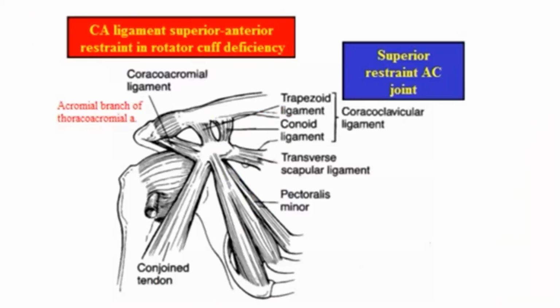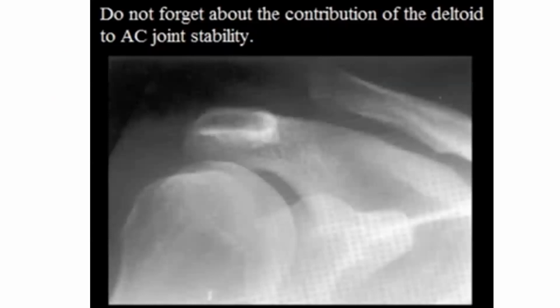The coracoacromial ligament is a superior anterior restraint in rotator cuff deficiencies. If this is cut, it will not prevent superior migration of the humerus. This is showing you, do not forget the contribution of the deltoid.